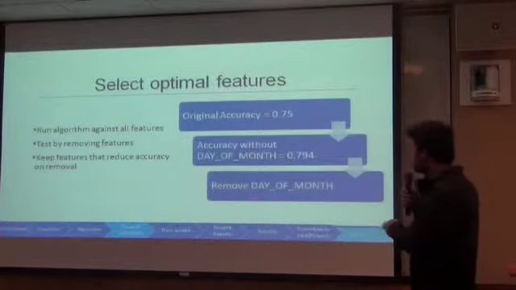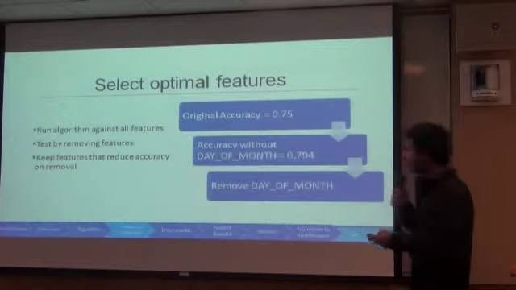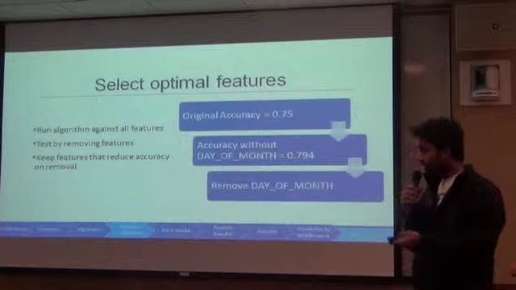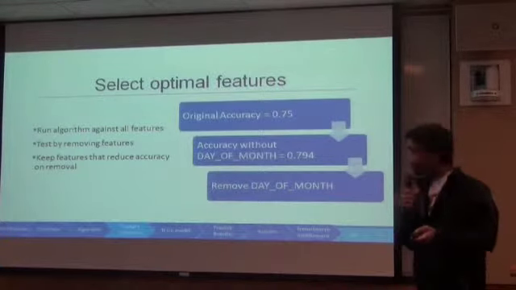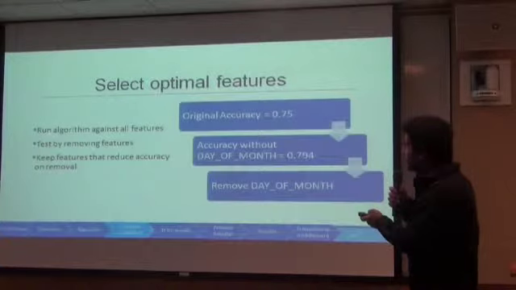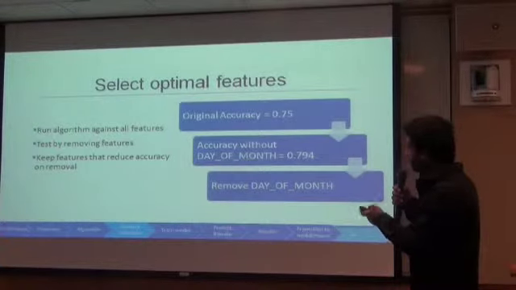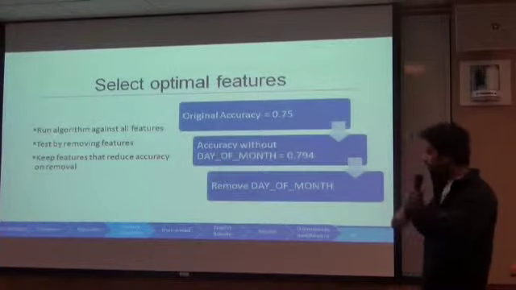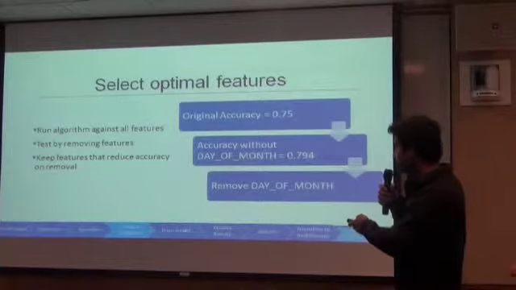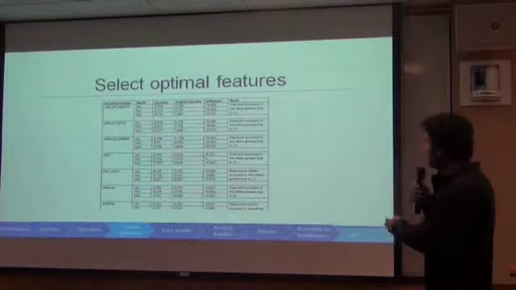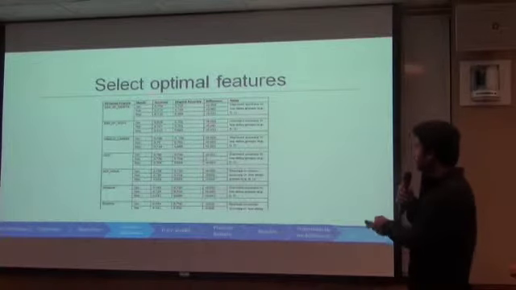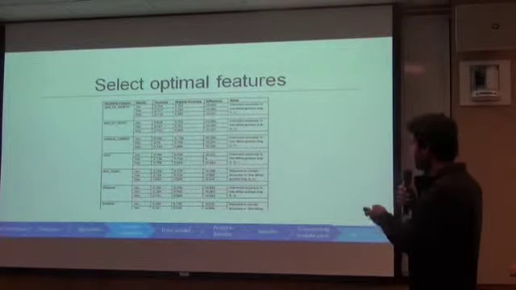So then we removed this field and tried on the other fields. So this is how we selected the best features. That is what we have written here: run the algorithm against all features, then test by removing the features and keep the features that reduce the accuracy on removal. So these are the results of whatever analysis we have done.